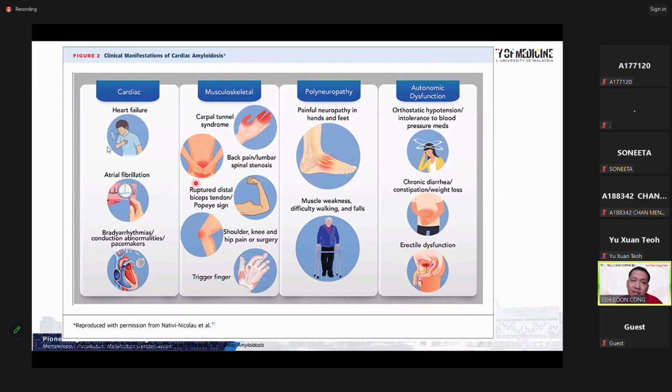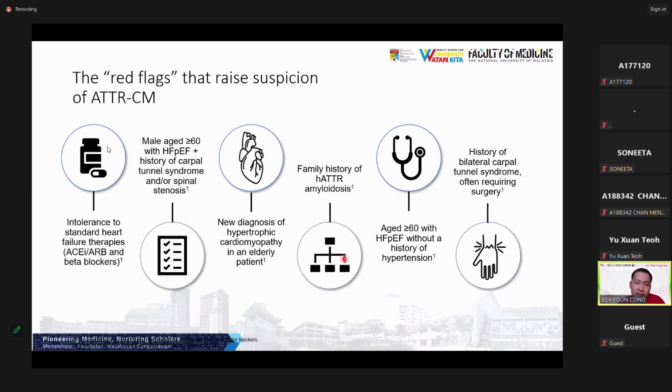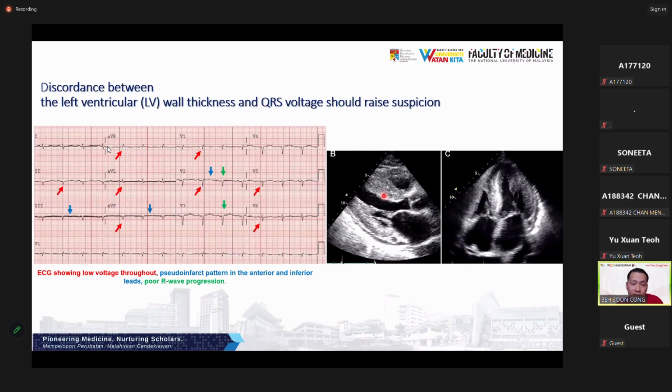Some patients have this previously, then now present with heart problems, then you have to think whether it correlates. So always have suspicion when you have a patient with a combination of different symptoms that you cannot explain the degree of the heart failure, then you have to think of cardiac amyloidosis.